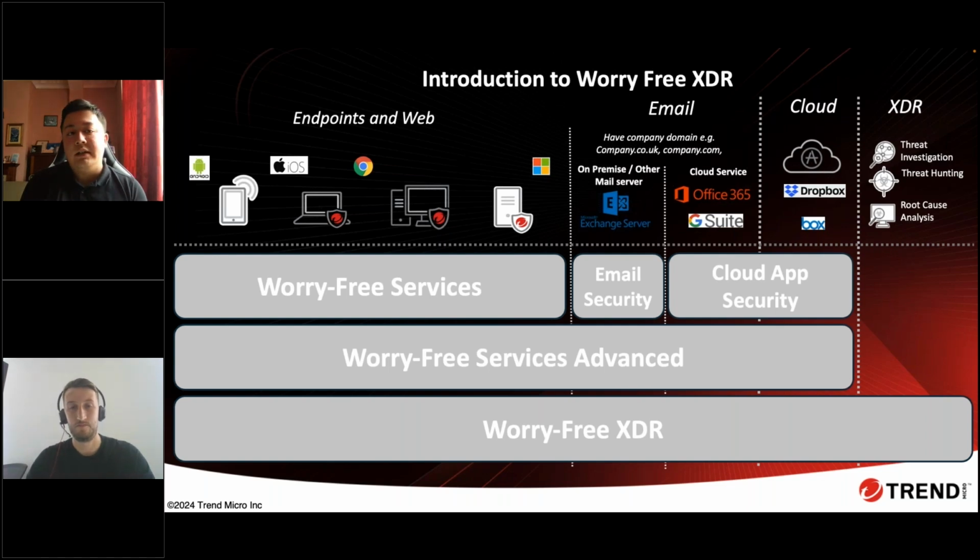But Worry-Free XDR is the topic of this webinar, and that is where you would get your endpoint security, your email security, but also the XDR add-on on top. I'll be talking around the threat investigation piece, the threat hunting piece, and also the root cause analysis throughout the next few slides. But this is a really nice graphic to show you the different tiers and how they all play in terms of what you would get within each specific tier.